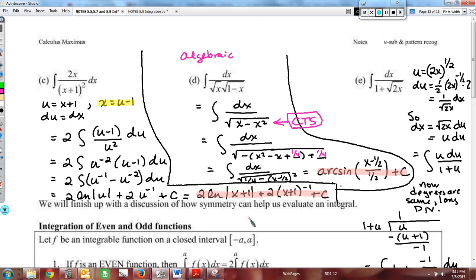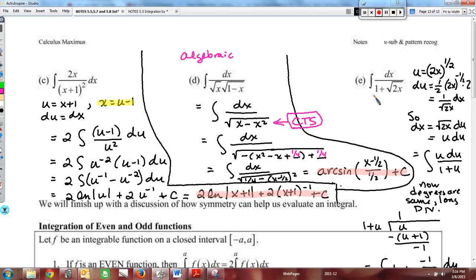Now for the extra challenging problem, let's take a look at this one. And I really need you to understand that even integration itself is an art. It's an art of choosing the correct u substitution to do and to recognize what form you are going to be heading toward when you integrate. It is an art.